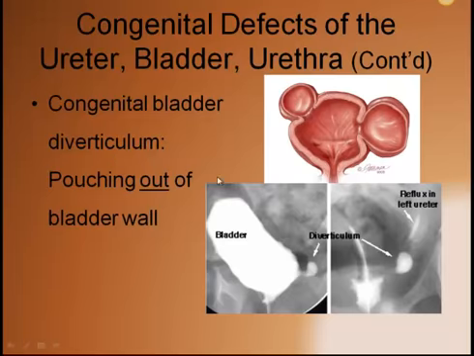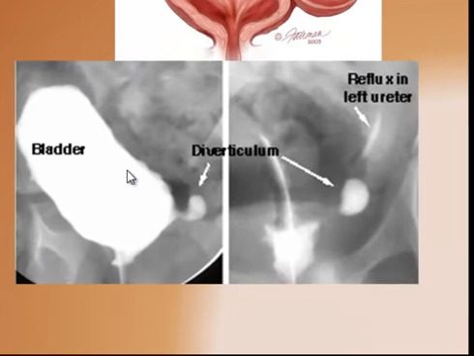These things classically happen because of chronic bladder diseases, things that put stress on the bladder. Somebody who, for example, has a neurogenic bladder, which means that it doesn't contract normally and expel urine, might end up with these weaknesses, these diverticulum within the bladder.